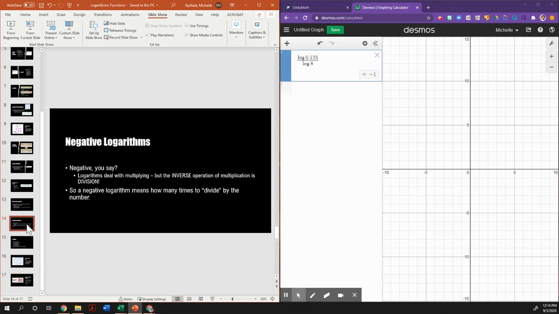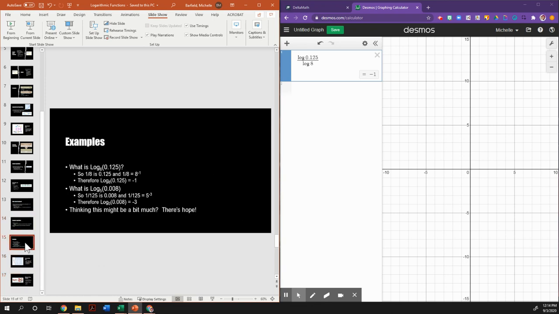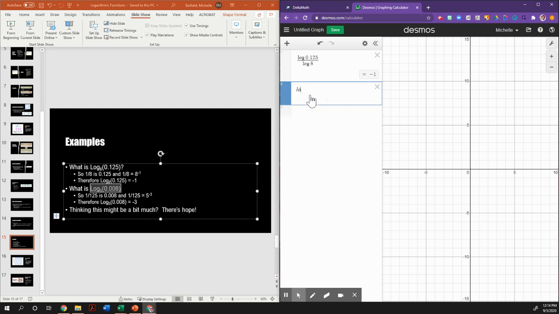Like if I go back through all of these examples, especially these decimal ones, if I were to take this one, I would type log of 0.008 and then divide by log of 5, negative 3. So you're going to use your calculator to kind of bail you out, so to speak.